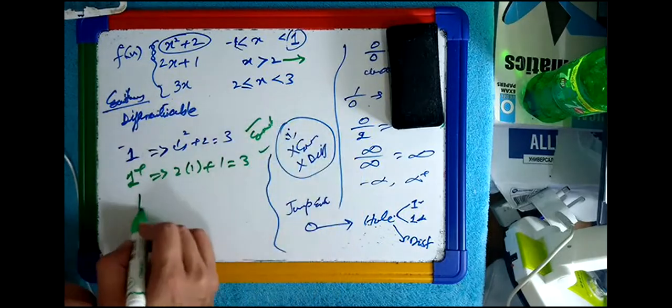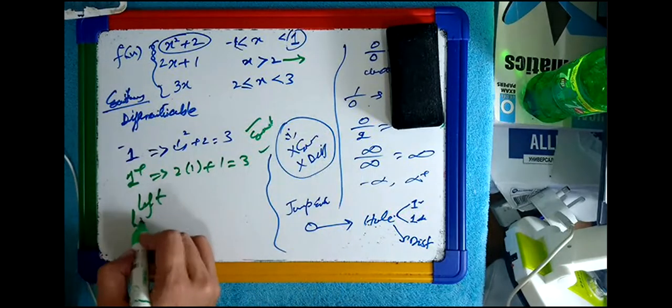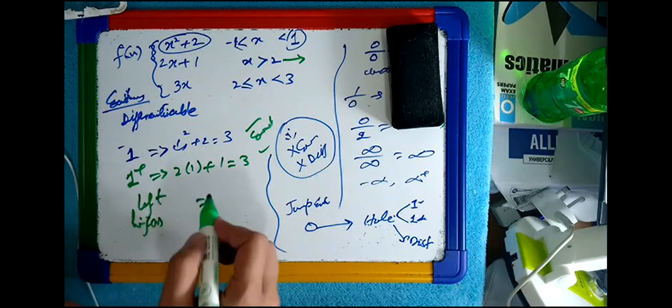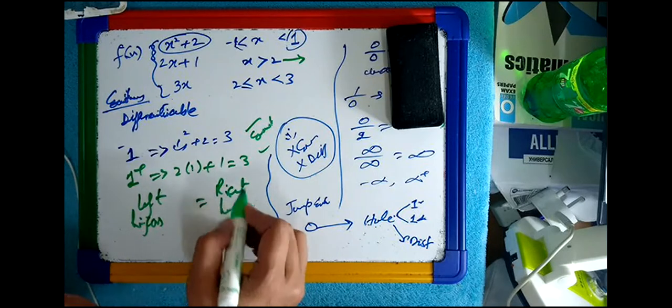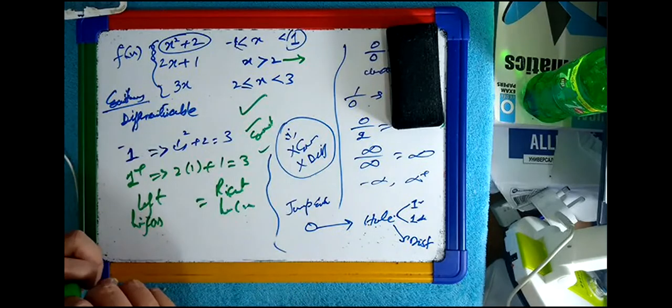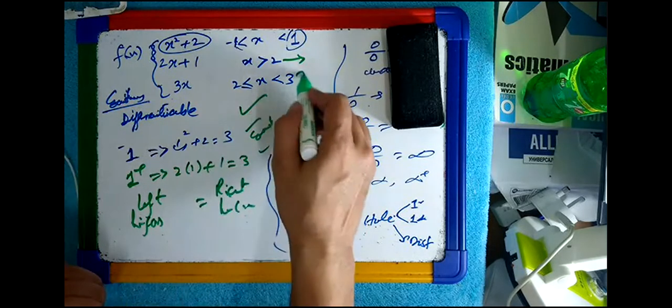If the left side limit of f of x equals the right side limit, the limits are equal, and this is called continuous. Now I will check this one.